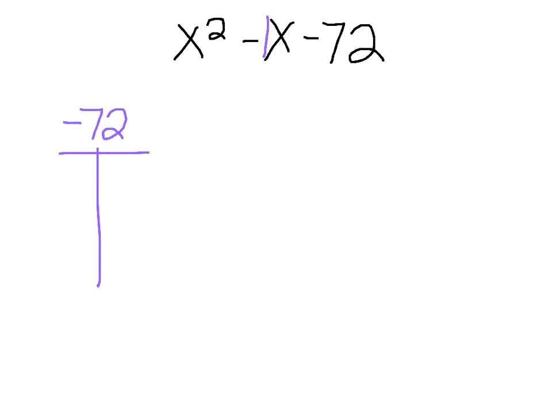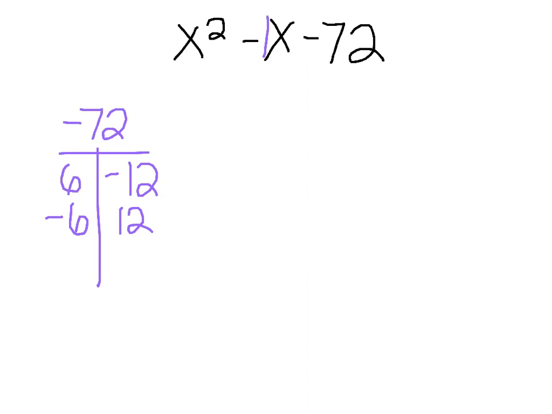My first instinct is to go to things like 6, 7, 8, 9, 10. Obviously 10 doesn't go in. 6 does. So looking at 6, we have 6 and 12. So 6 and negative 12, or negative 6 and 12. Is that going to add to negative 1? No.